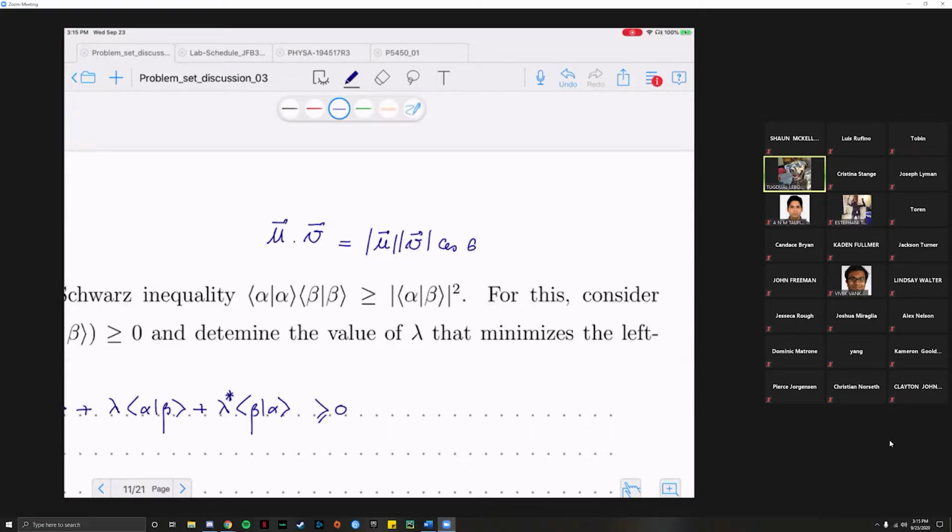Right? And so you see that here, this is the square of the inner product.